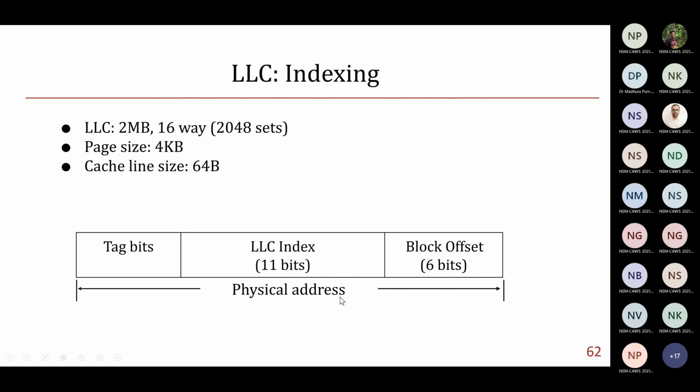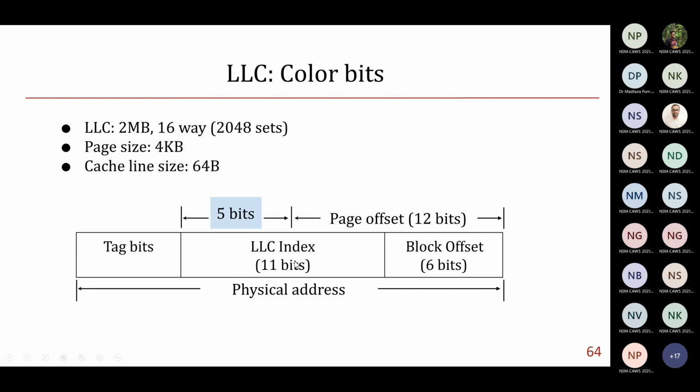Now, if your OS page size is 4 KB, then the lower 12 LSB bits are gone for block offset and part of the LLC index. But you still have 5 bits left, which are contributing to the indexing, right?